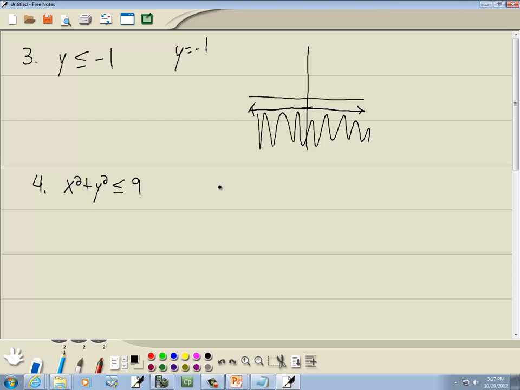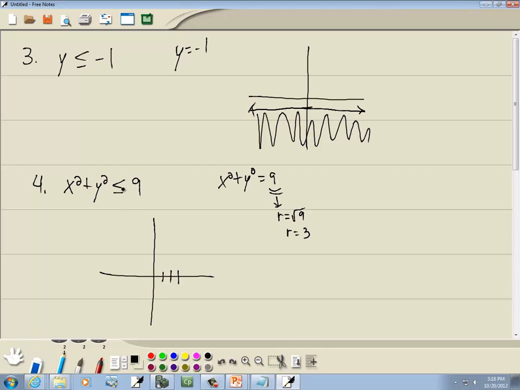Now if you remember what this looks like, when we dealt with circles, x squared plus y squared is equal to 9. This is just a circle with a center at the origin and a radius equal to the square root of this number. So our radius is 3. So we're going to go out, radius 3, and we're going to draw a circle around.